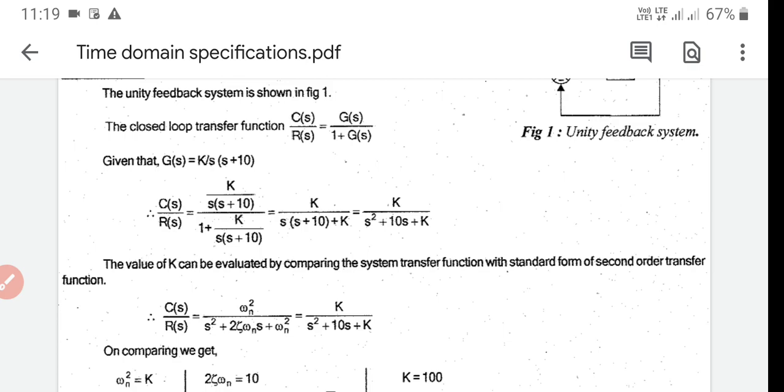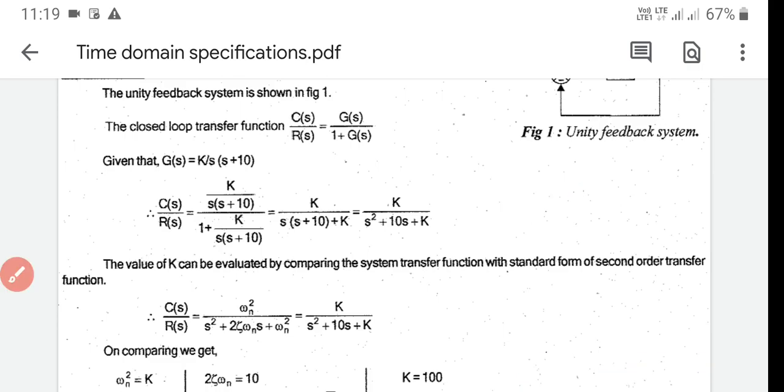Given that G(s) is equal to K by s into (s plus 10), substitute the G(s) value here. You will get the equation as K by s square plus 10s plus K.